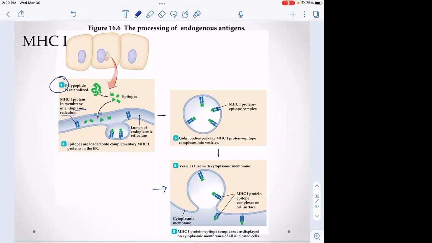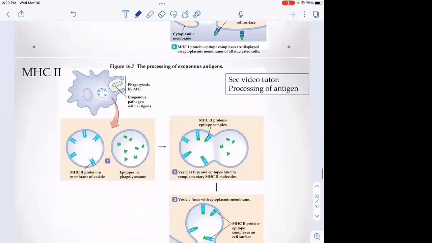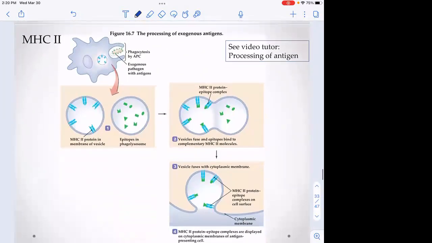One of the ways that I like to remember MHC class 1 is, one is like when you raise your hand, you're volunteering what's going on. The cell is just volunteering, hey, this is what's going on inside my cell, just in case you want to know. With MHC class 2, remember, this is only on our dendritic cells, macrophages, and B cells.